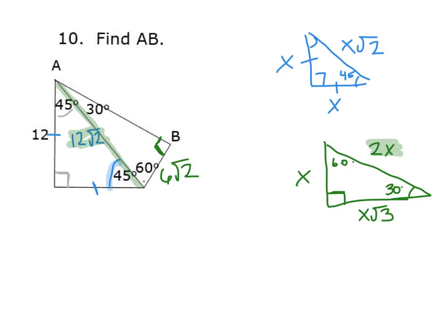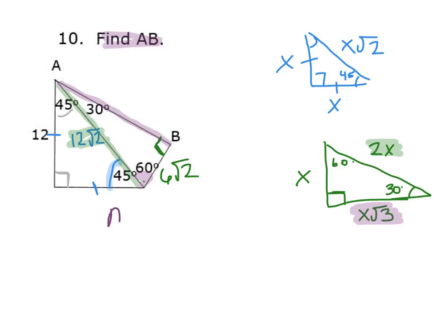And then the question is asking us to find AB. AB is across from the 60-degree angle, and for the 60-degree angle you take x and multiply by the square root of 3.